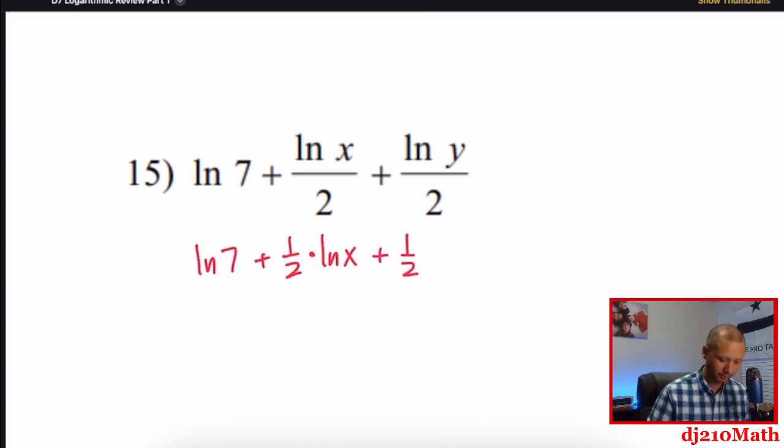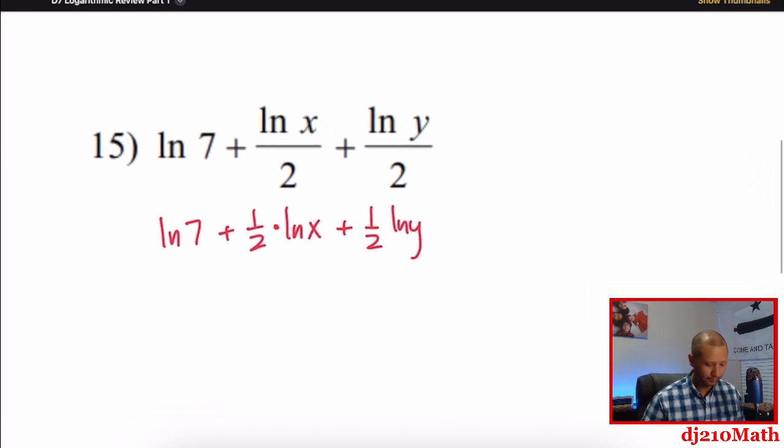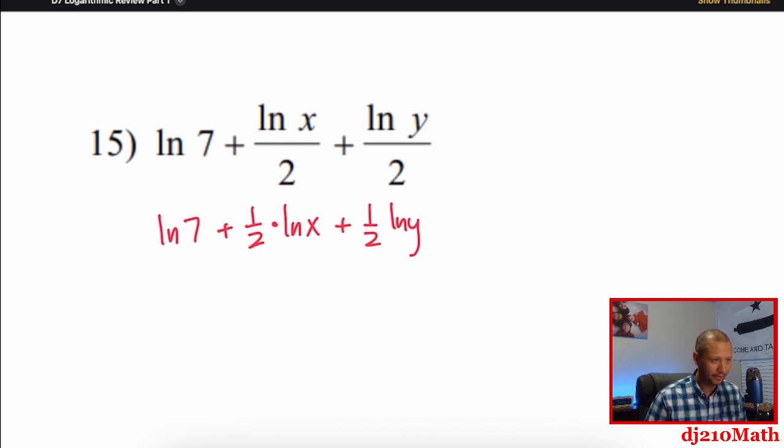Both of these do, actually. So with that being said, I feel like it's clear that the coefficients will come up. So it'd be x to the 1/2 power, y to the 1/2 power. But the 1/2 power is basically a square root. So watch, these will all come together.